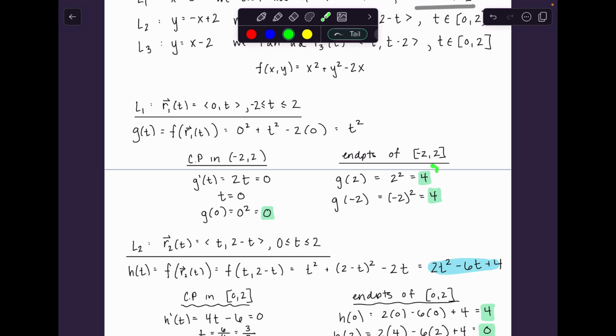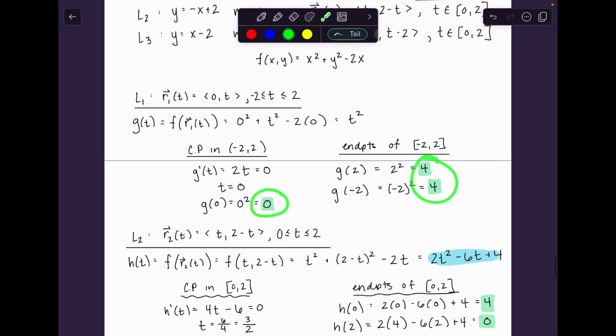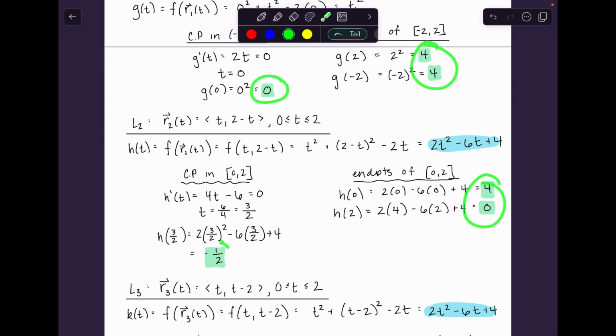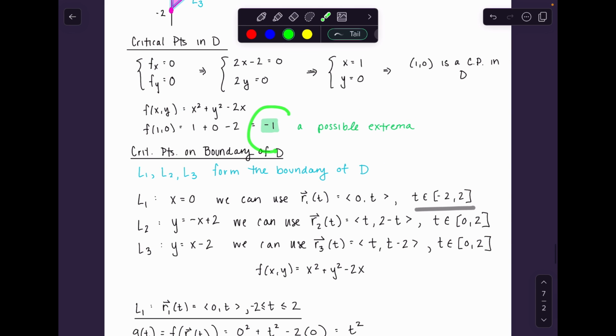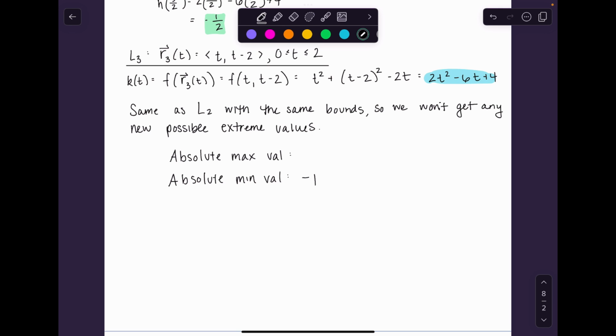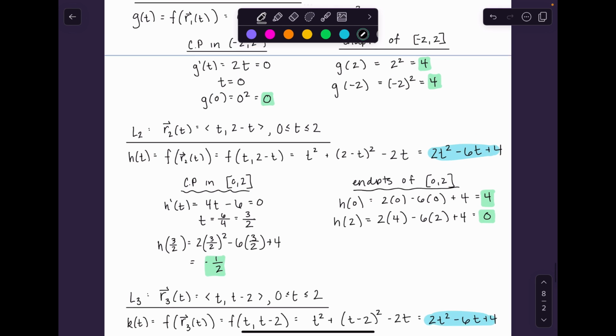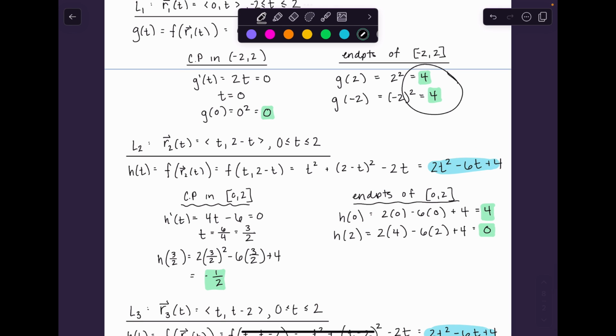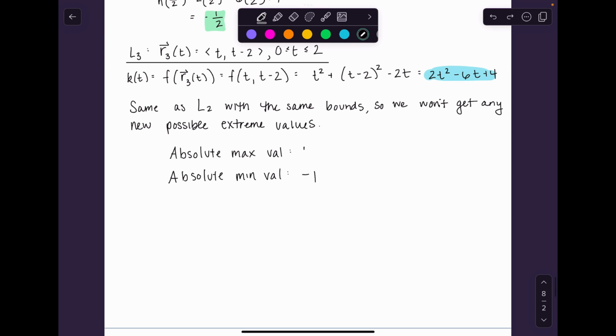Then over here we've got 4, 0, 4, 0, -1/2. So my smallest value is actually this one back up here, -1. That is my absolute min value. And then the absolute max occurs at a couple of different spots, but the biggest z value we had is 4. Okay, so these are the absolute max and min values of this function on that triangular region.